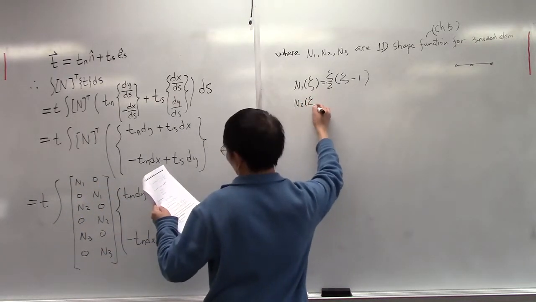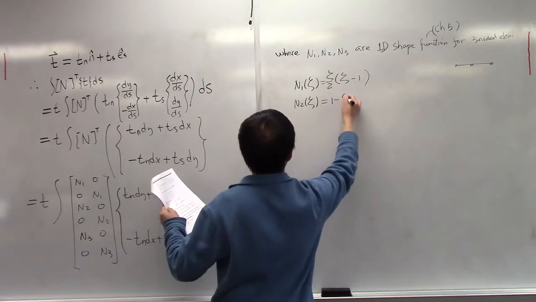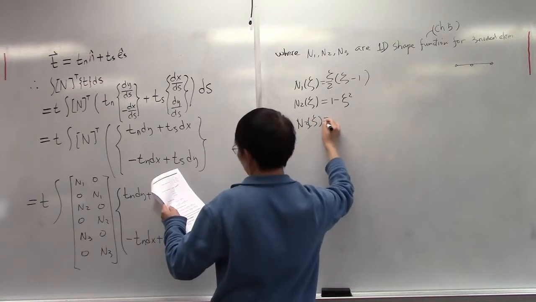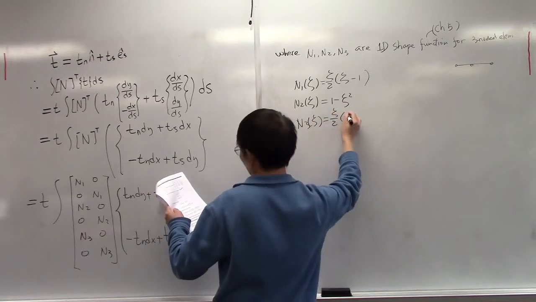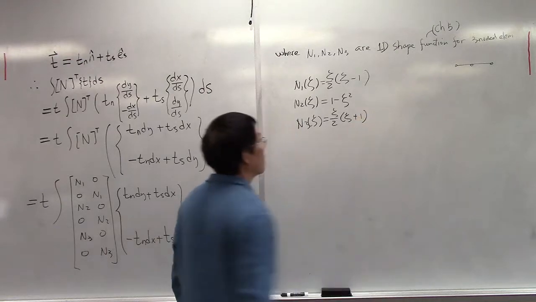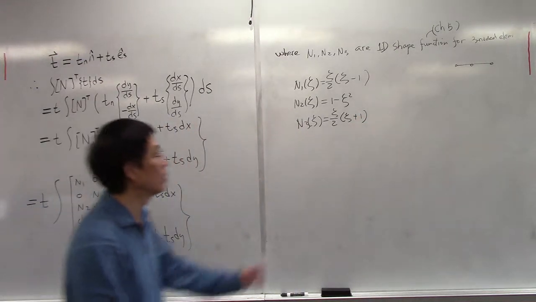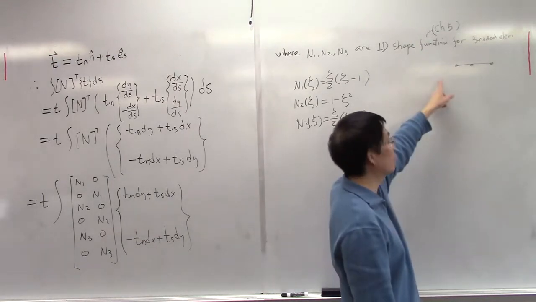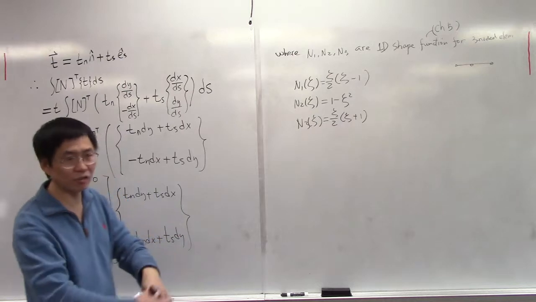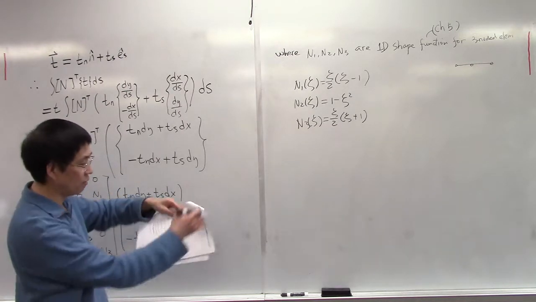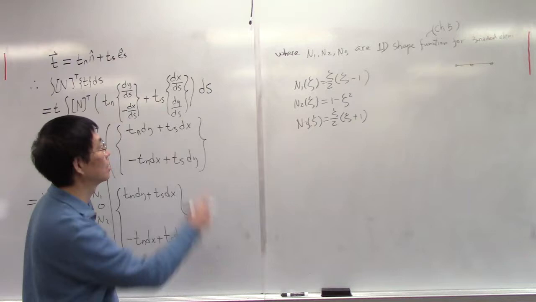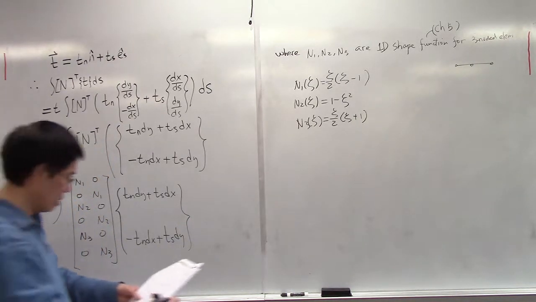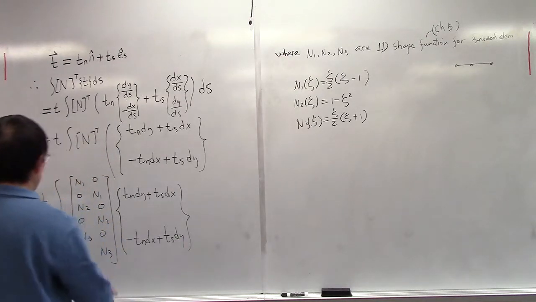N2 of xi is equal to 1 minus xi squared. N3 of xi is equal to half xi times xi plus 1. Okay, remember we talked about 1D element before, and we also have 2D. It becomes 1D because when you are talking about surface traction, a 2D surface is a line, so it is a line integration.